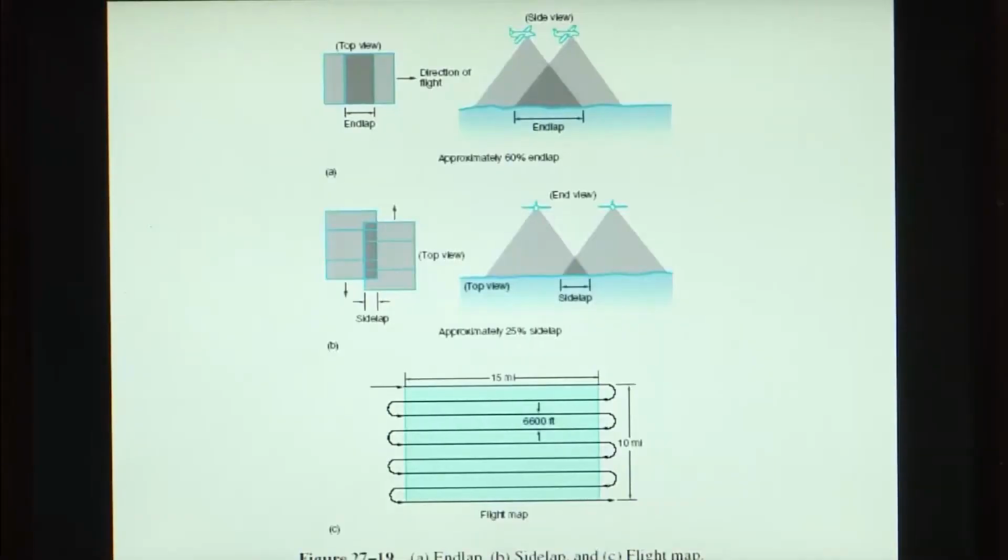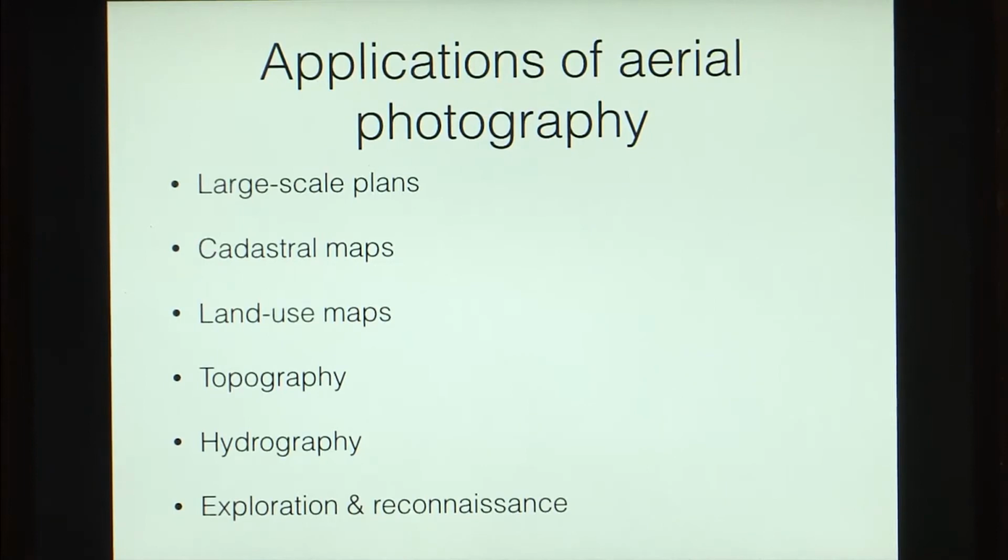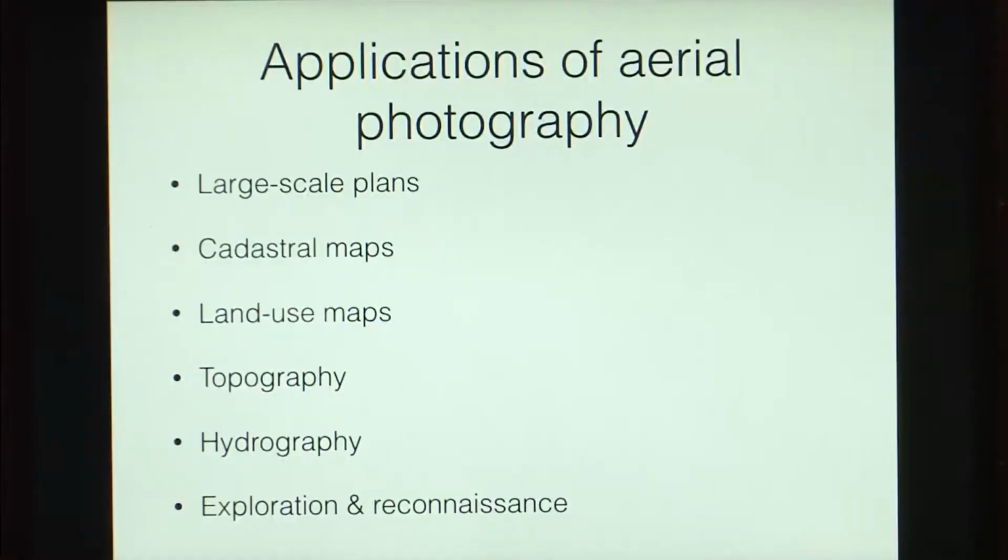Now, coming back to the slide, this shows us the overlap between two images. We have an end lap, we have a side lap, and we can see the flight map. So, this is a generalized thing. So, what are the applications of aerial photography? Well, as we can see in this slide, we have a number of applications like the preparation of large scale plans in which you see a large area, a vast expanse of area on a photograph.